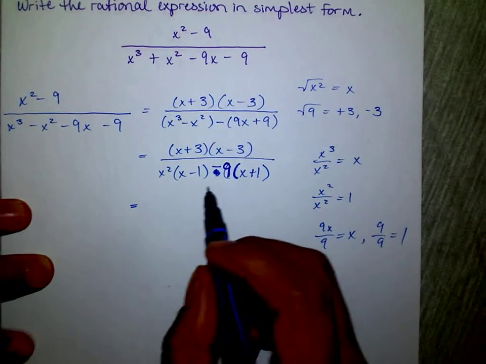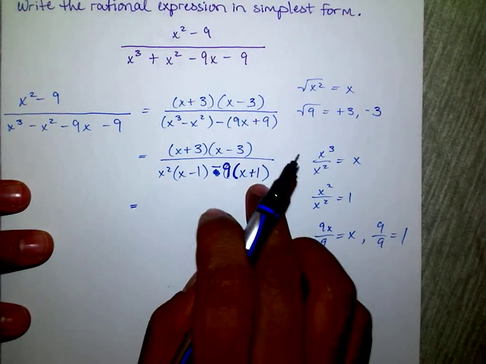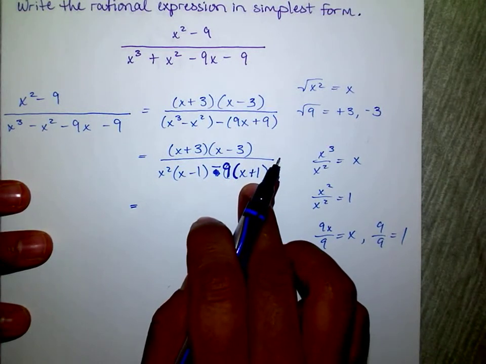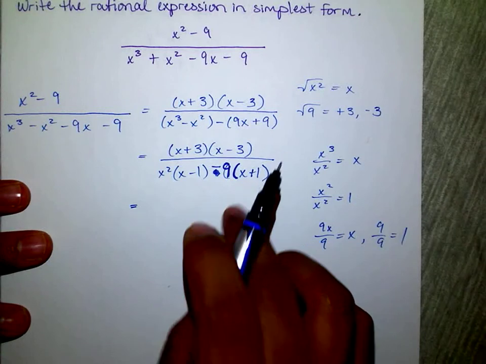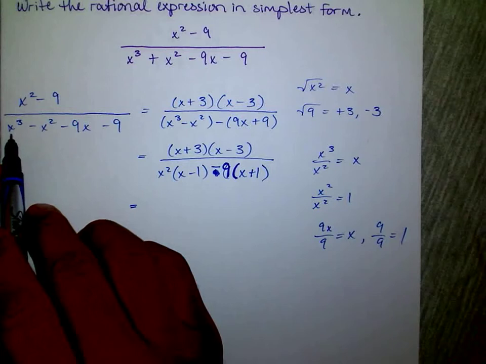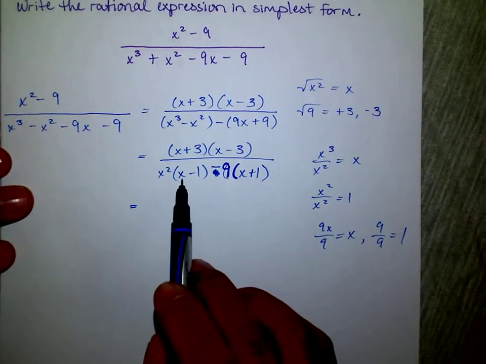Now what we want to go ahead and do next is have both of these look alike. So we've got to figure out what we need to do to make that happen. Let's see here. We factor out x squared, so that left us with x and 1.